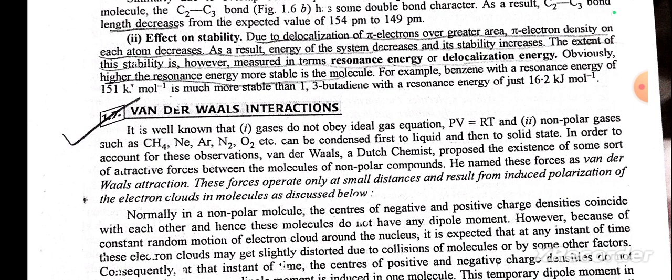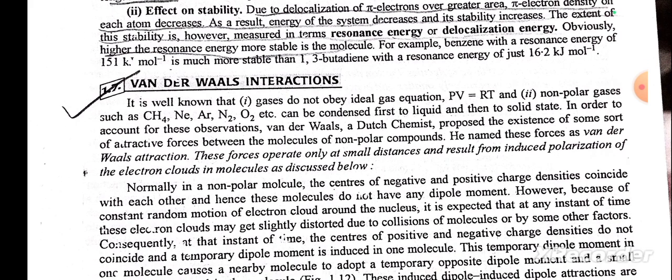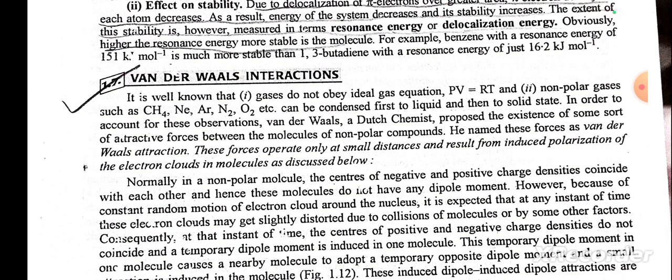As a result, the energy of the system decreases and its stability increases. The extent of this stability is measured in terms of resonance energy or delocalization energy. The higher the resonance energy, the more the stability. For example, benzene, with a resonance energy of 150.4 kilojoules per mole, is much more stable than 1,3-butadiene, with a resonance energy of 16.2 kilojoules per mole.